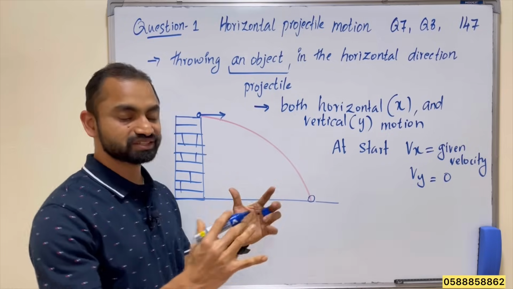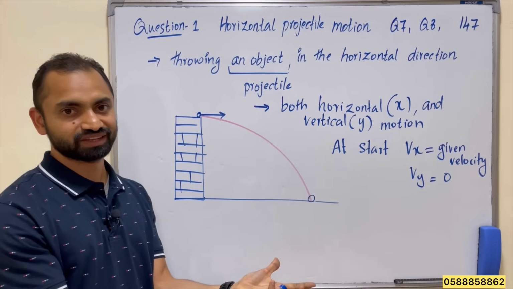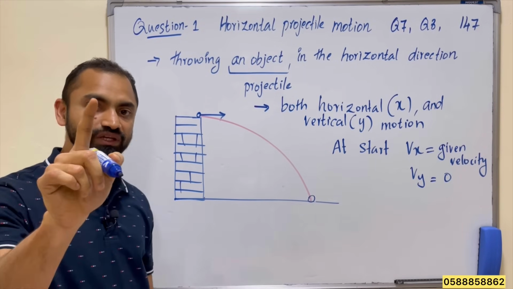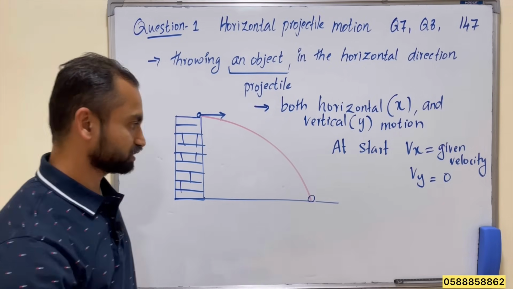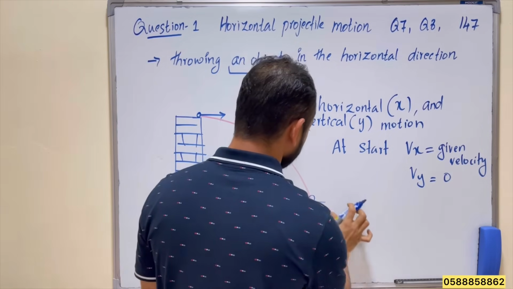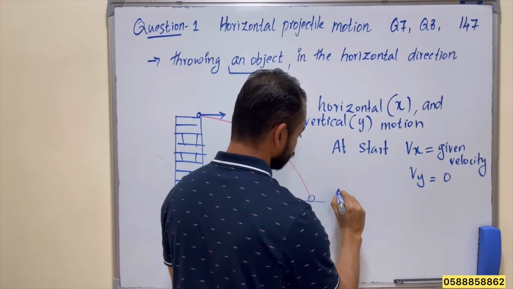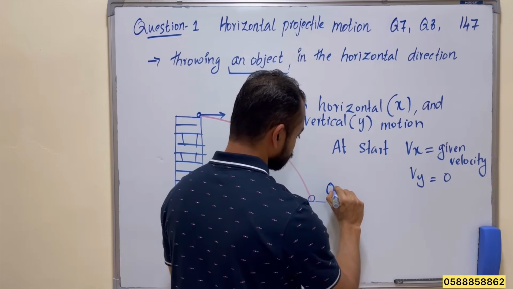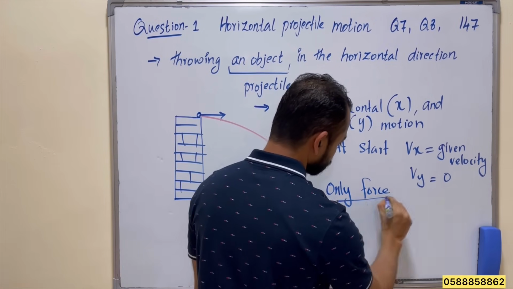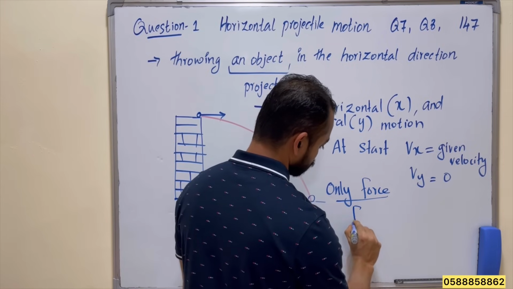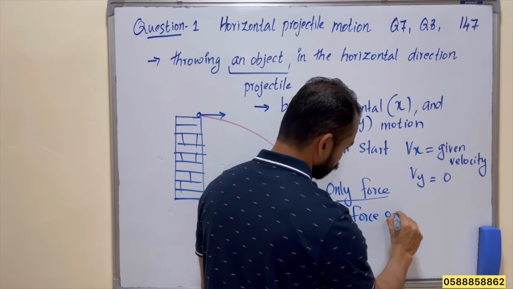A projectile is given an initial velocity, and after that only one force is acting on the object, that is the force of gravity. So a projectile is moving only under the force of gravity. The only force acting on the projectile is what? Force of gravity.